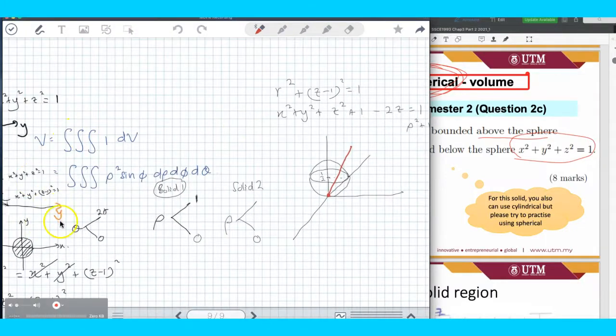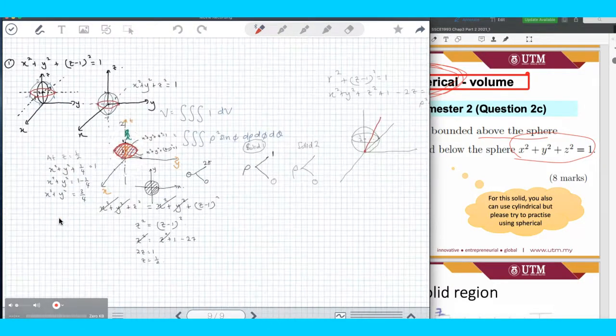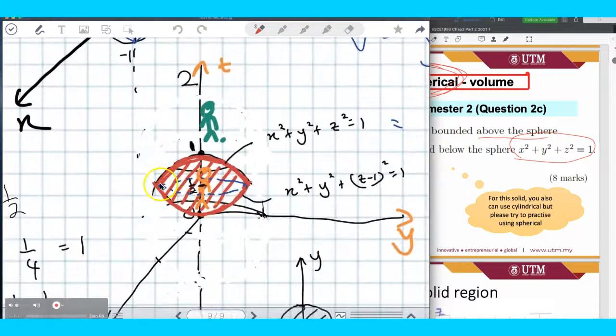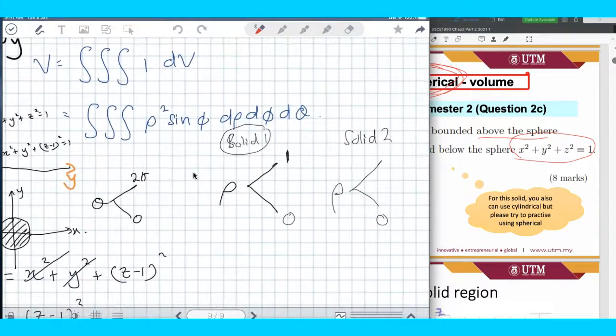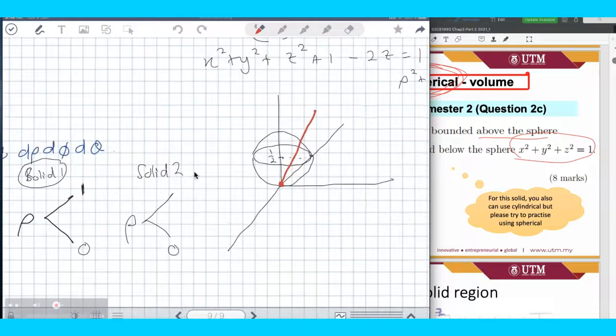So the top sphere is rho equal to 1. For the top part of the solid, your limit of rho is 0 to 1. But if you look at the lower part, it is not always equal to 1, because this part is no longer located on the sphere rho equal to 1.